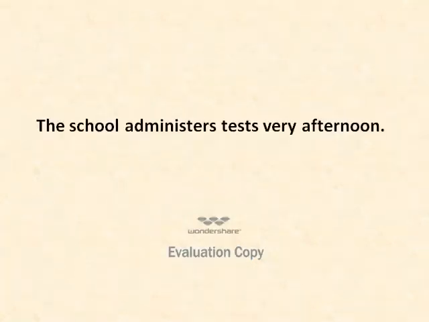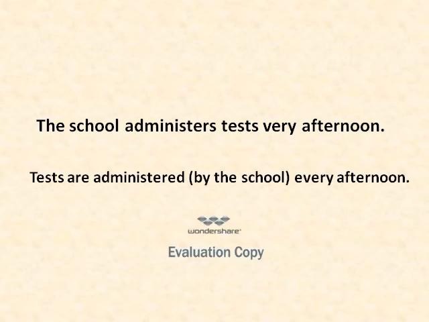Okay, try one on your own. The school administers tests every afternoon. And how will that sound in the passive voice? The verb here is administers. Tests are administered by the school every afternoon.